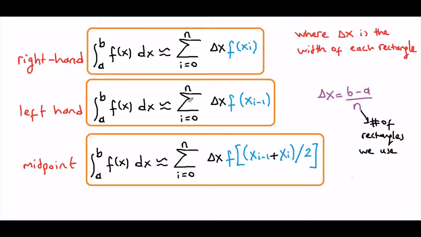Just before we start coding, let's remember how we use Riemann sum approximation for right hand, left hand, and midpoint rules.